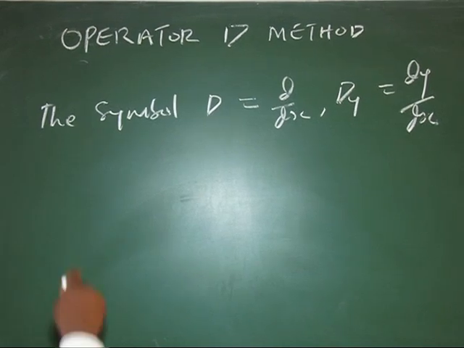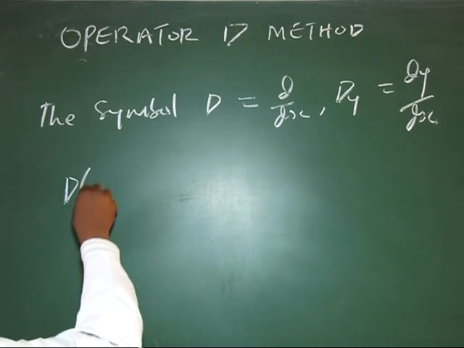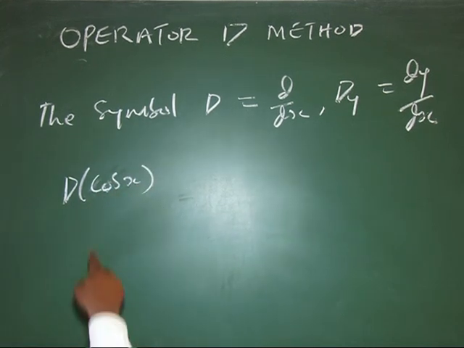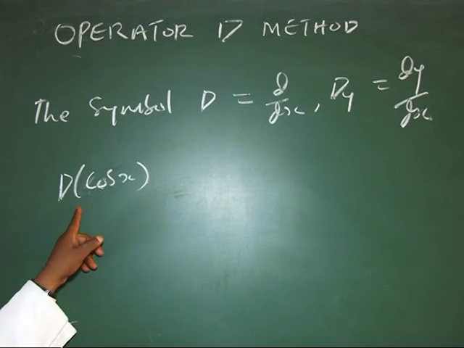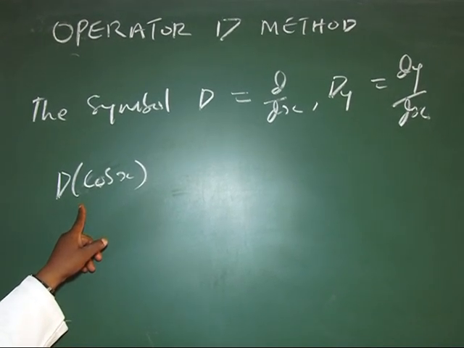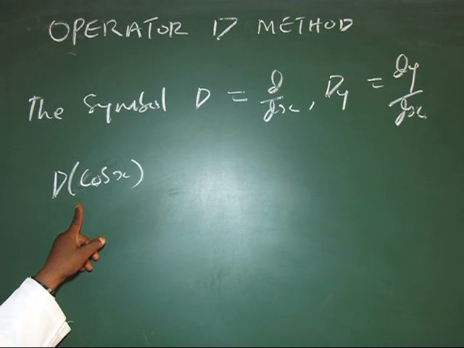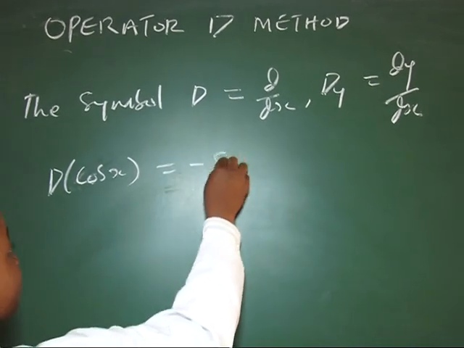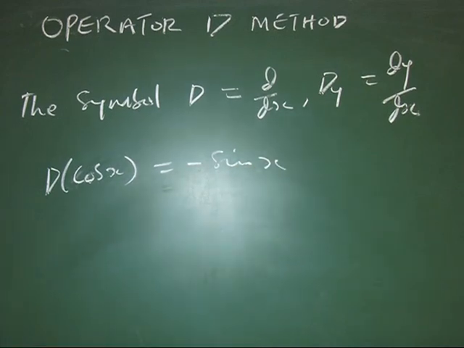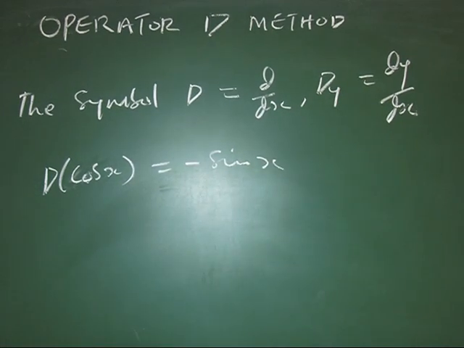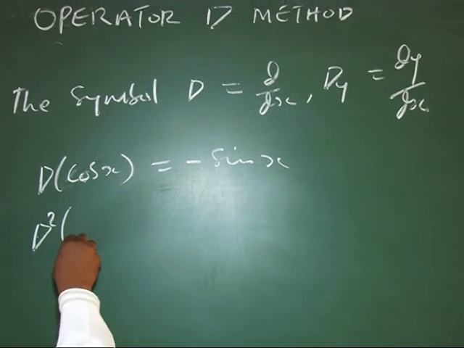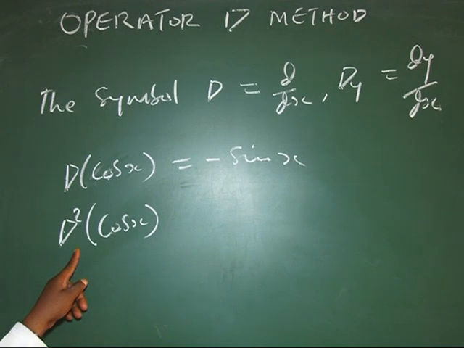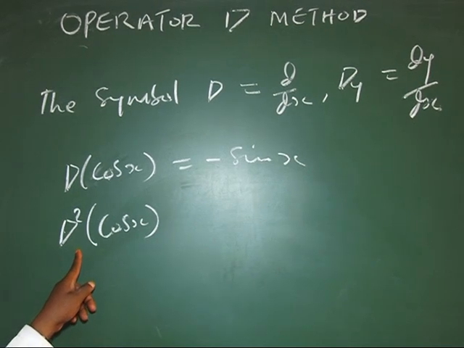So if I write maybe D cos x, D cos x means the differential. So the symbol D stands for the differential of a function. And you know that if I differentiate this, I'll have minus sine x. So if I have D squared cos x, it means I will differentiate cos x 2 times.